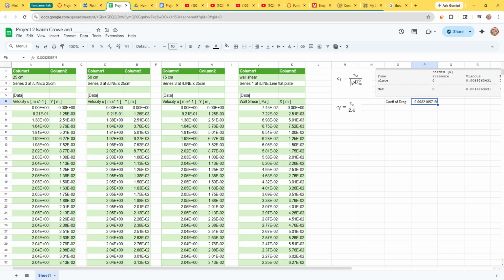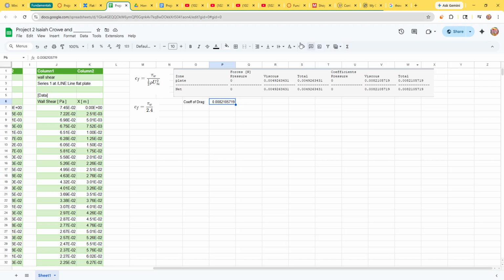Oh, yeah, I gotta do that. Coefficient of drag. Well, this is just a screenshot over here of what I did, just printing the values. Oh, that's actually incorrect. Let me fix that. That was when I used to have it set at 1 meter per second. Let me try to remember how to do that.